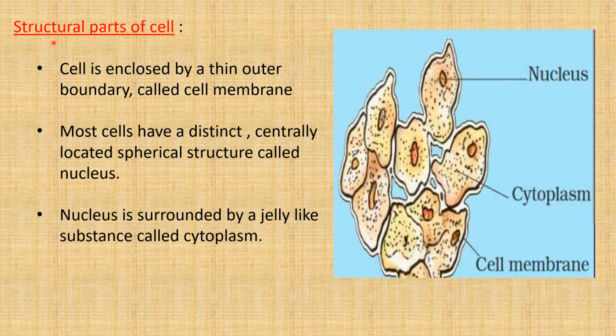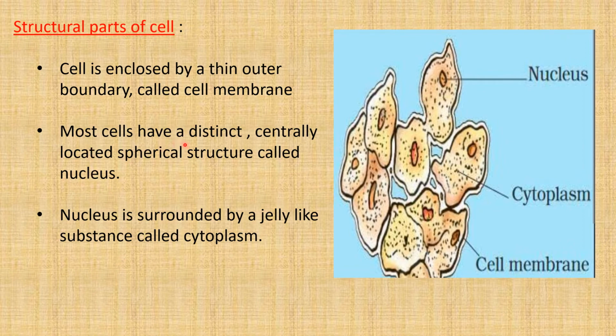Now see the structural parts of a cell. A cell is enclosed by a thin outer boundary called the cell membrane. The outer structure of this single room-like structure is the cell membrane, the outermost layer of the cell.